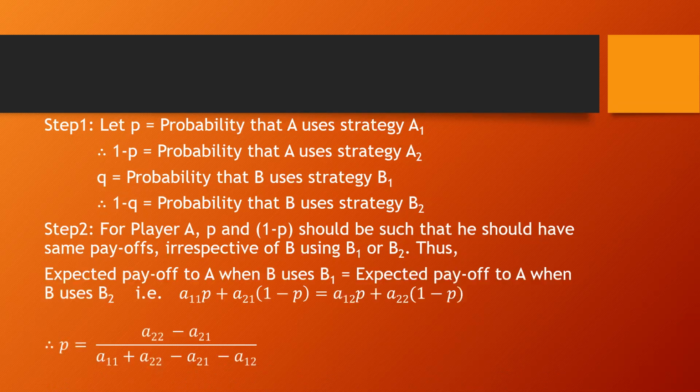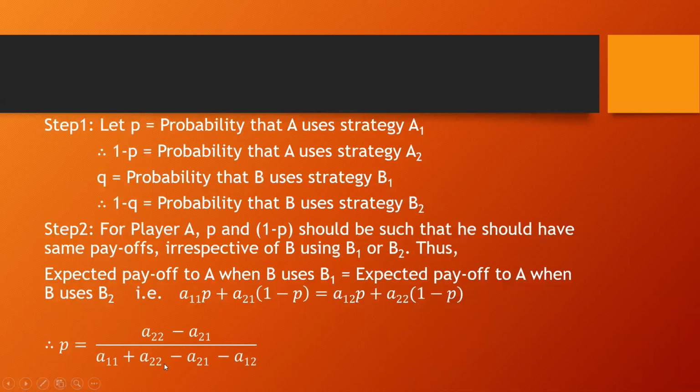If you refer to the previous matrix, we can write A11, this is your payoff, multiplied by the probability P, plus A21 into bracket 1 minus P, equal to A12 into P plus A22 into bracket 1 minus P.